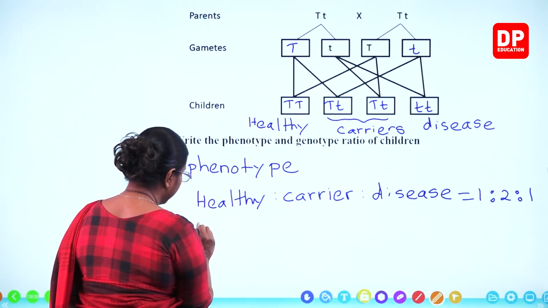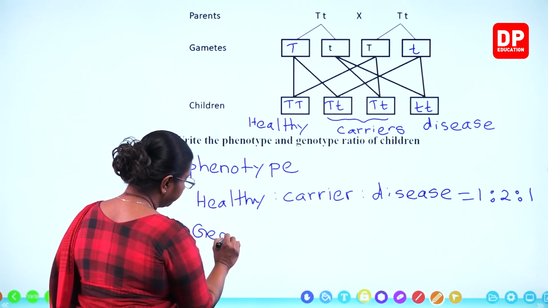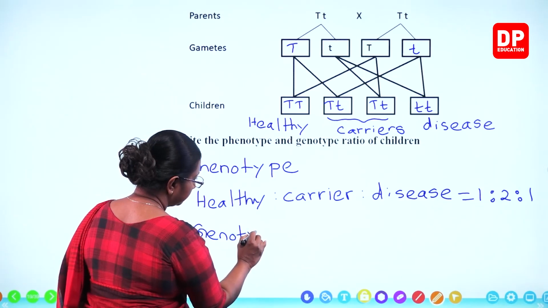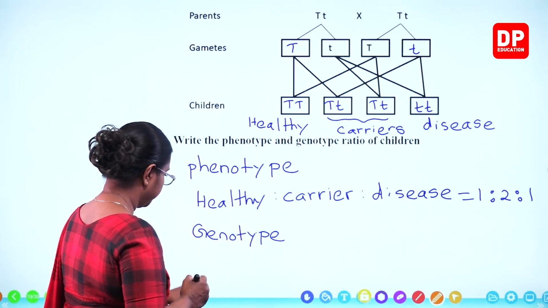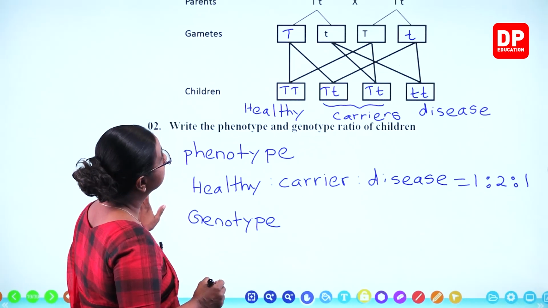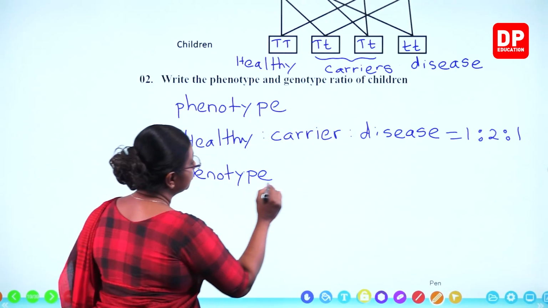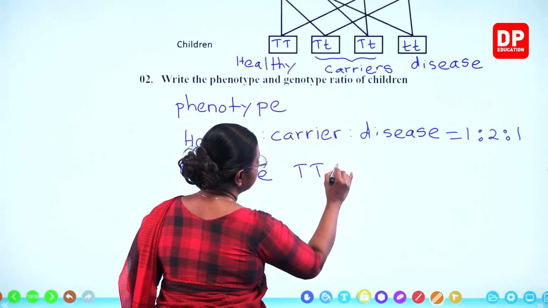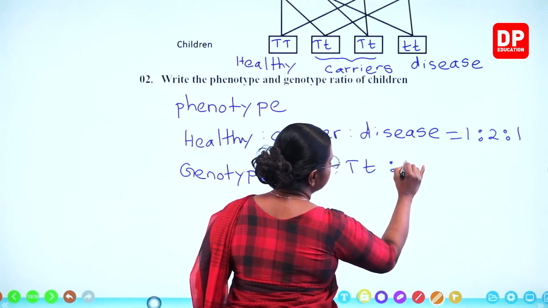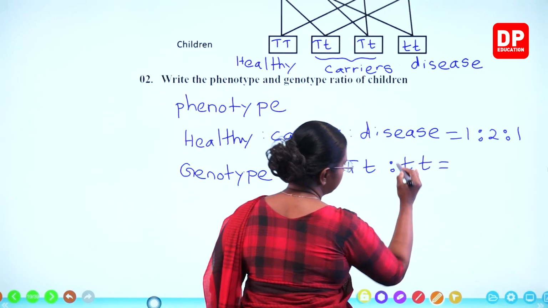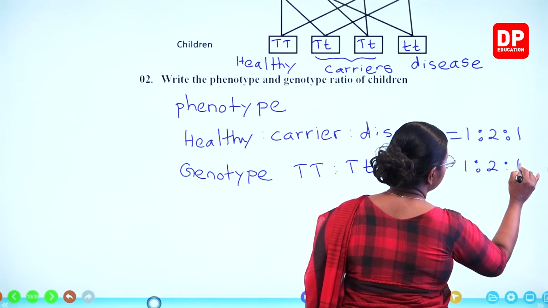Then what is going to be the genotype ratio? Genotype, that is going to be capital T is to capital T simple T is to simple T. That is also going to be 1:2:1.